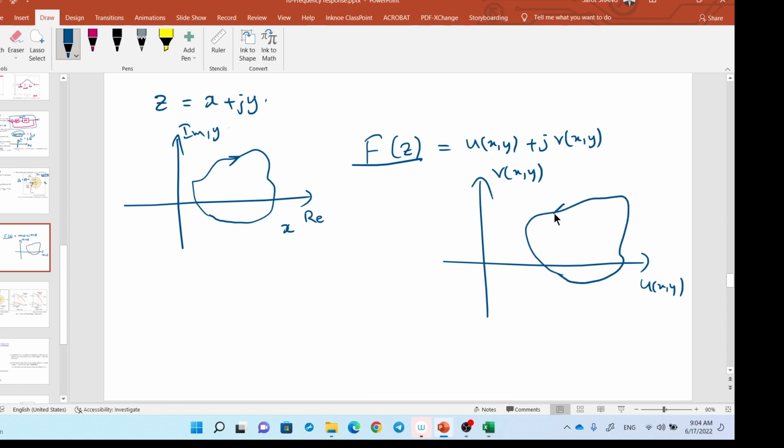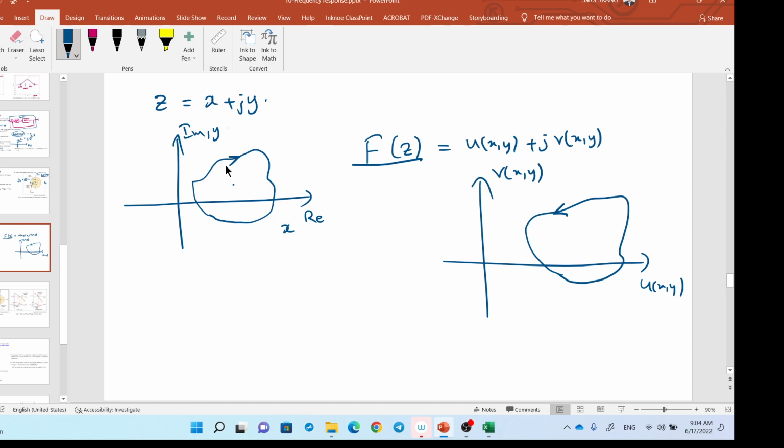Let's say the contour has this direction. So if we map certain z inside the contour to this f of z plane, where will be the set of u and v on this plane?